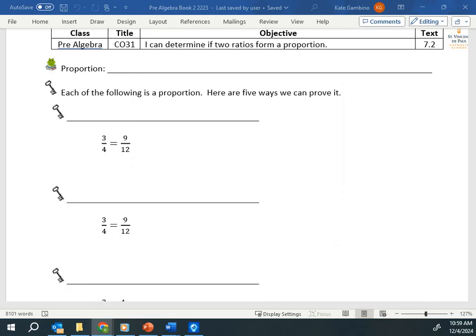So, to determine if two ratios are a proportion, we need to know what a proportion is.